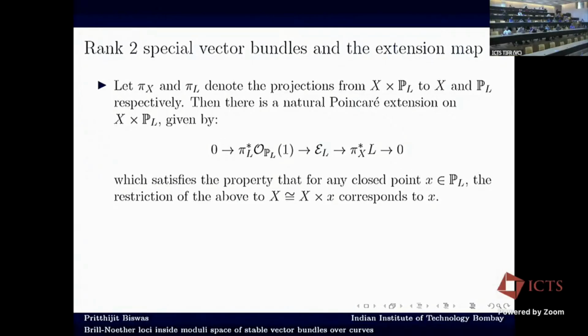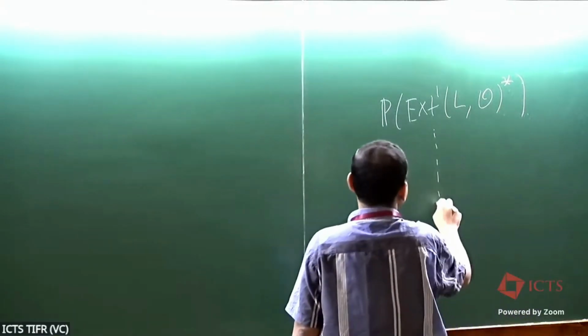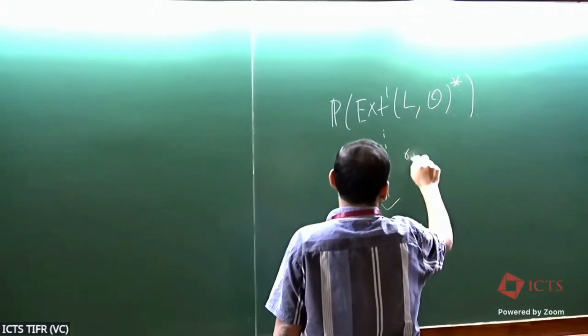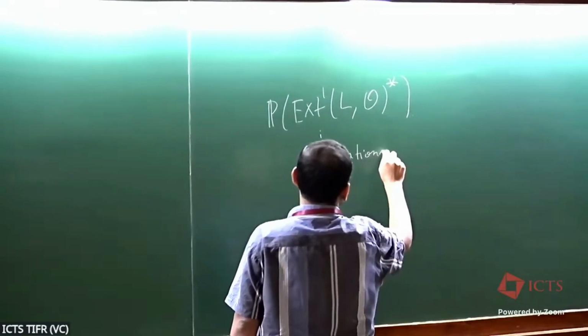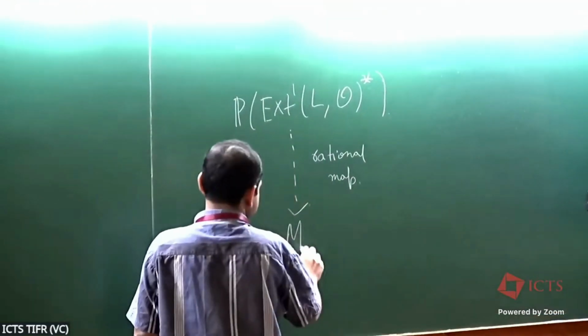We have this projective space of extensions, and from here there is a rational map to the moduli space.